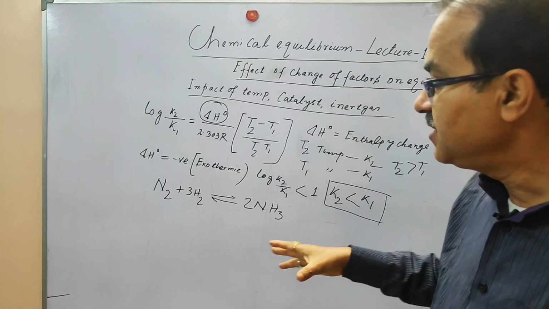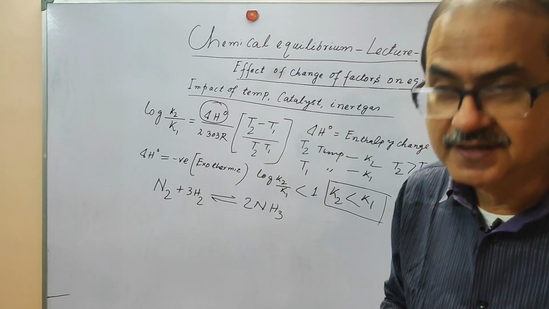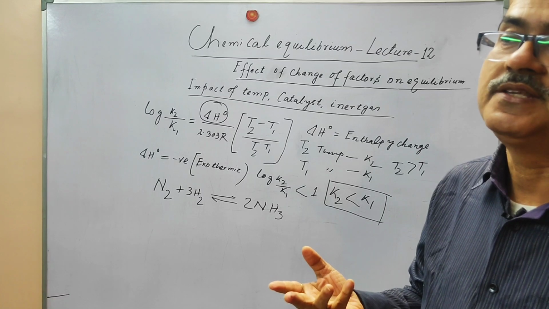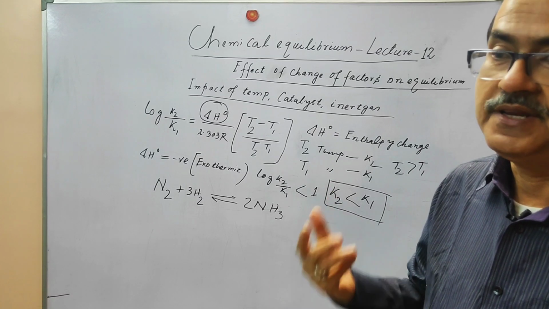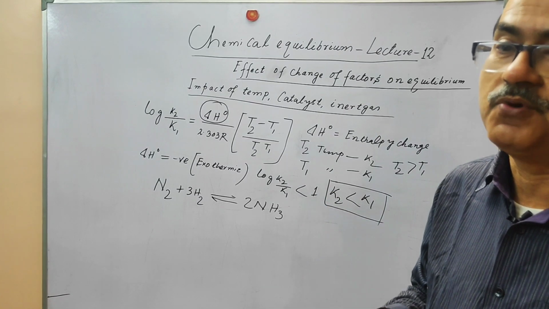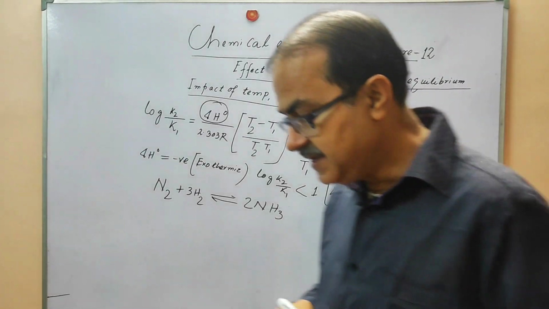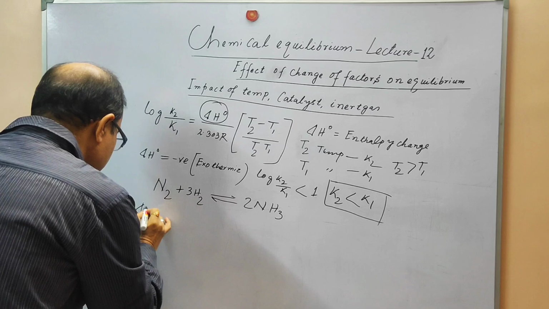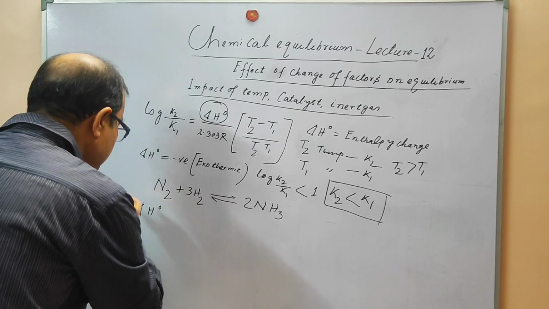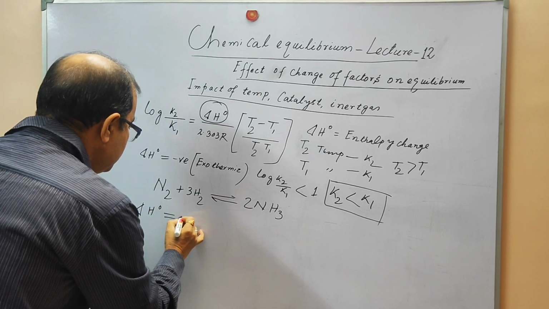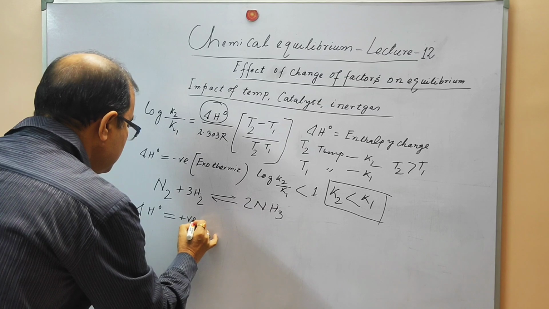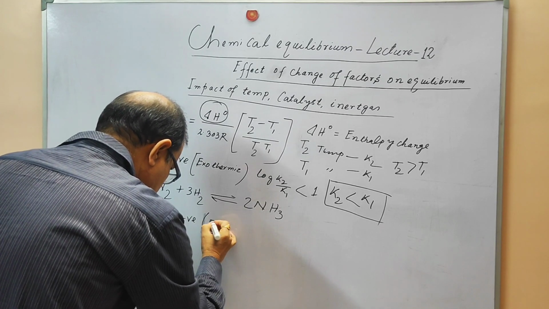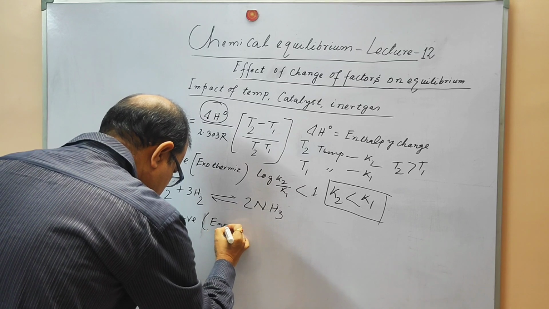So for an exothermic reaction, when you increase the temperature, the equilibrium constant decreases, and it will decrease the concentration of the product. But when it is endothermic, endothermic means the enthalpy change is positive, right? It is endothermic.